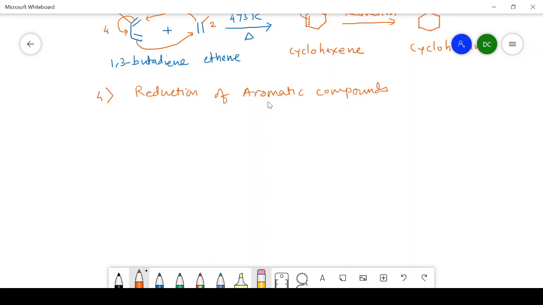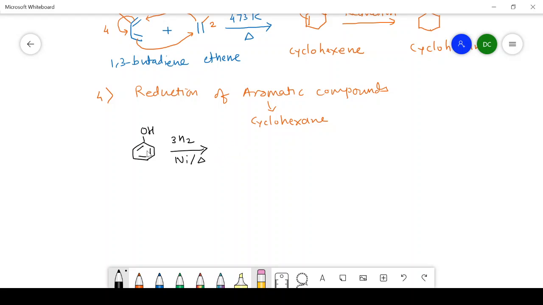So this method is again used for the preparation of cyclohexane derivative. So I will take the structure of phenol. It has a benzene ring which is attached directly to the OH group. Then reduction of this phenol in presence of hydrogen and nickel.